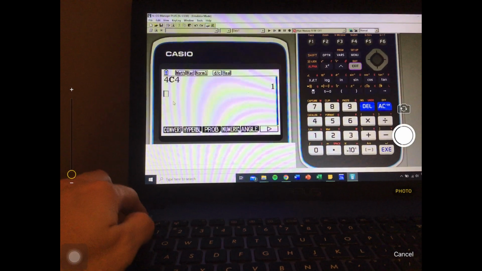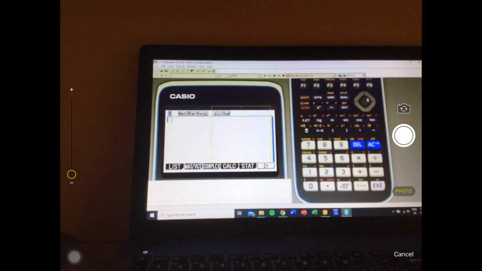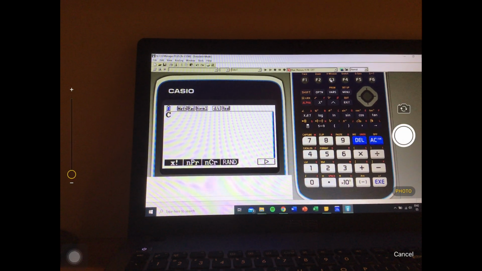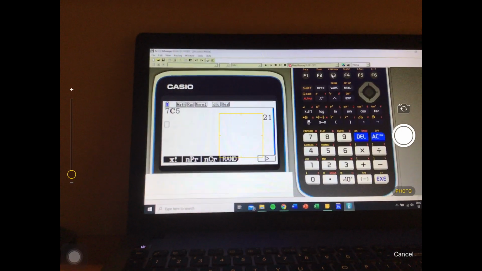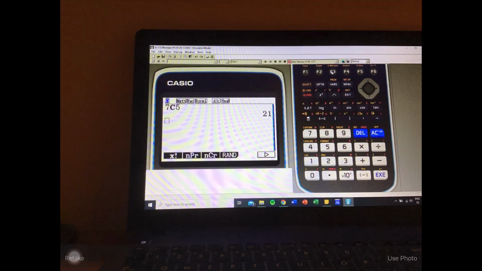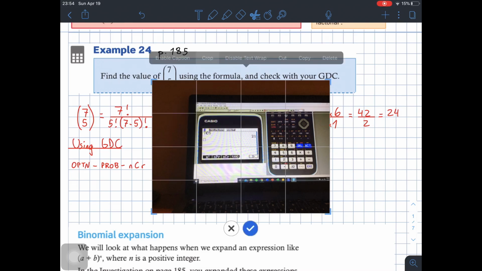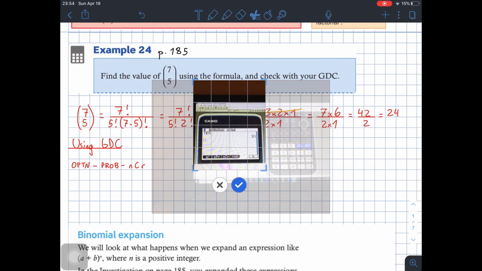So I'm going to erase this, and then we go to option, probability, prob F3, and then NCR F3 again, and we put in 7, 5, and we should get 21. Oh, yes, I made a little mistake there. I just realized that. I'm going to take this to the class. 42 divided by 2 is actually 21, not 24. Sorry for that.